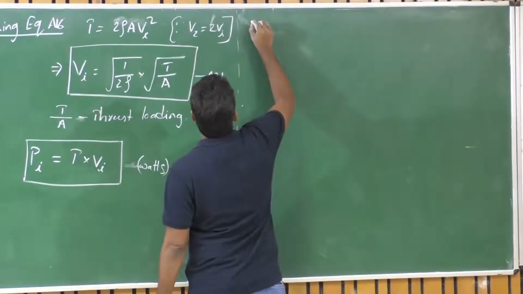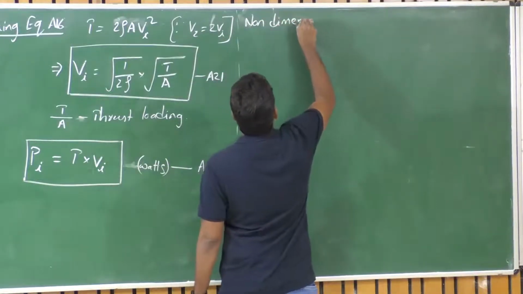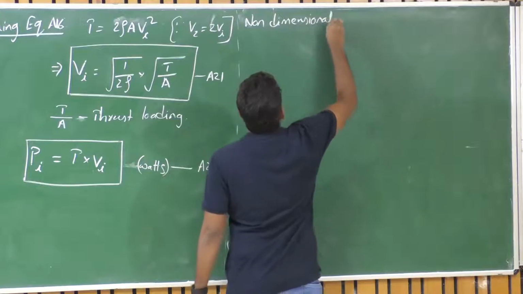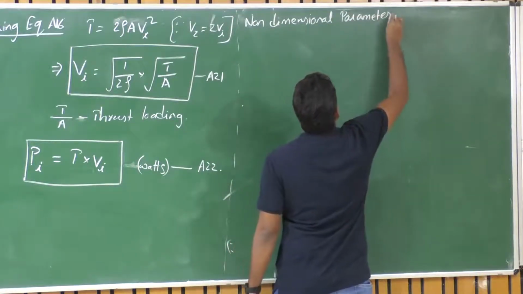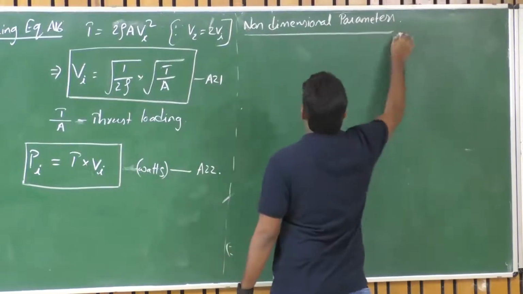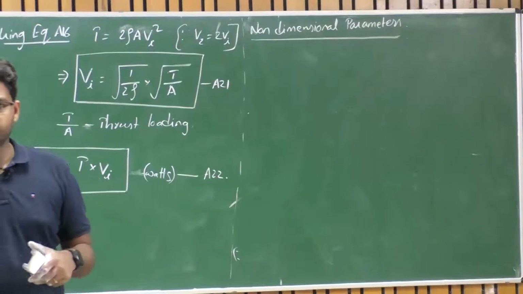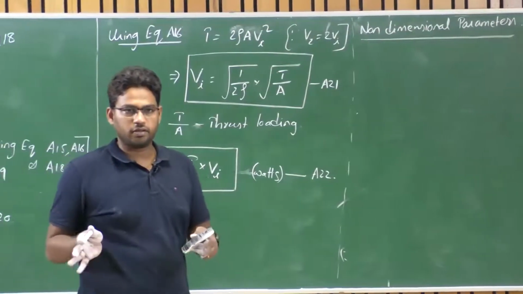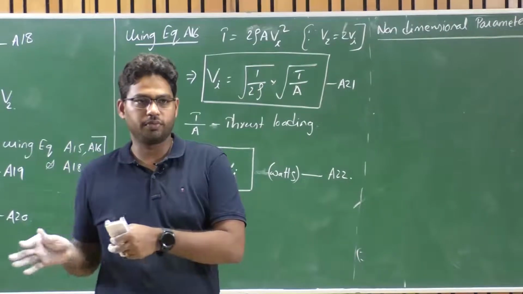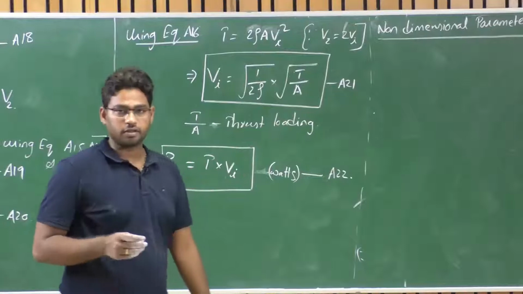Now let's look at some non-dimensional parameters. If I had to compare propellers of different dimensions and different geometric characteristics, to bring them onto a single platform for comparison, I need certain non-dimensional parameters, right?